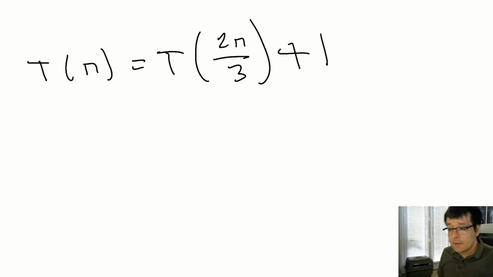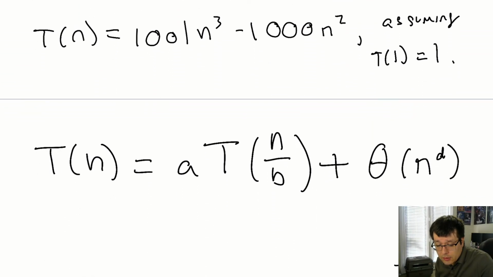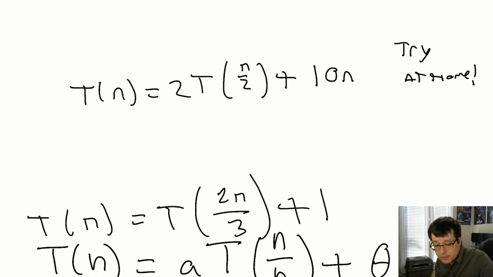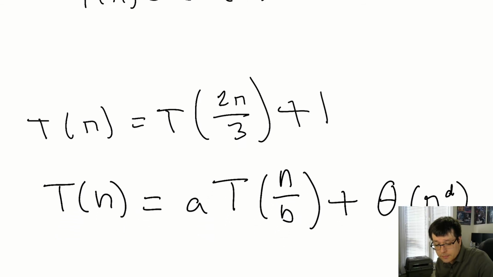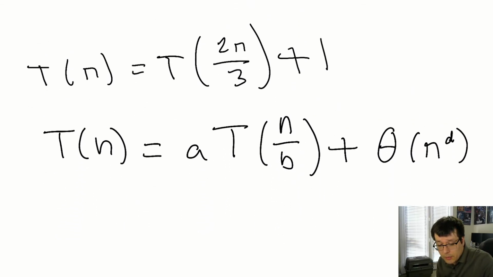Okay, I like this one actually. It's nice because you have to think a little bit. All right, so again, let's just take our little template here and bring it down with us. So let's figure out, well, it's obvious that B is 3, so that one's nice.